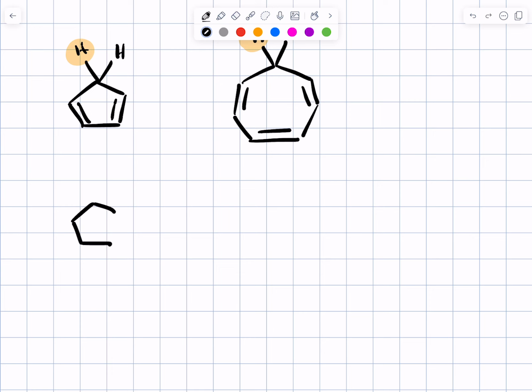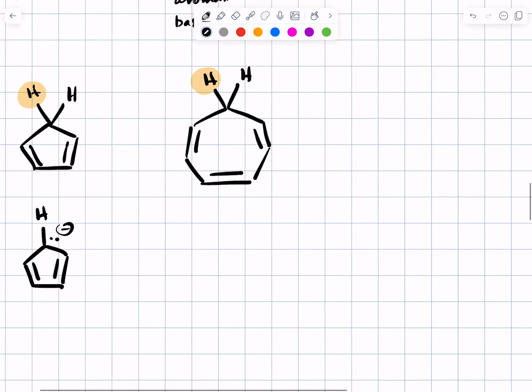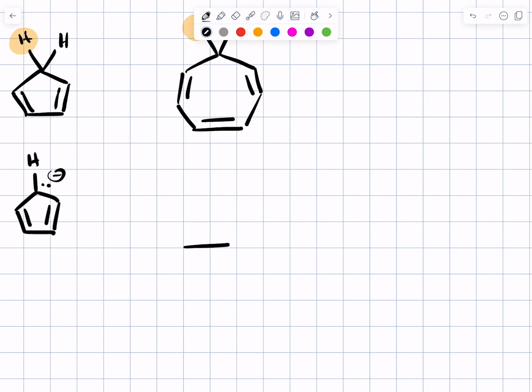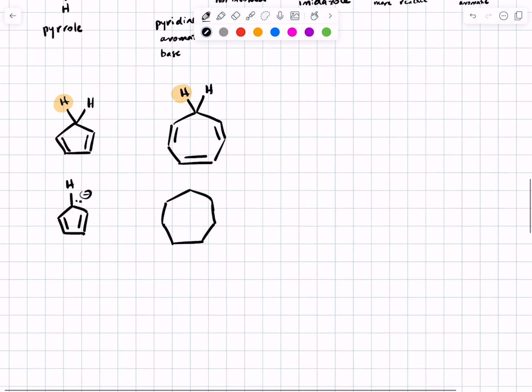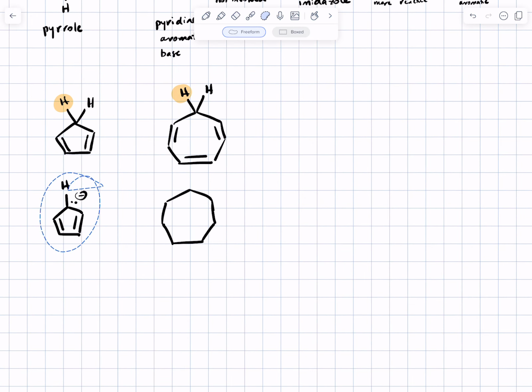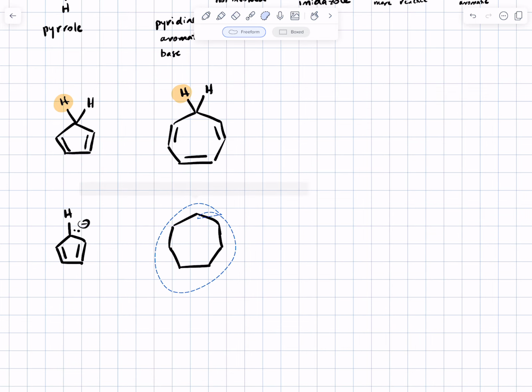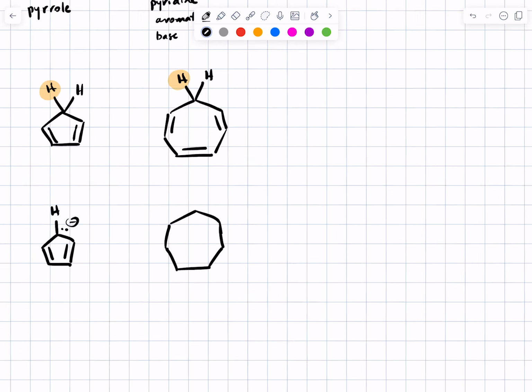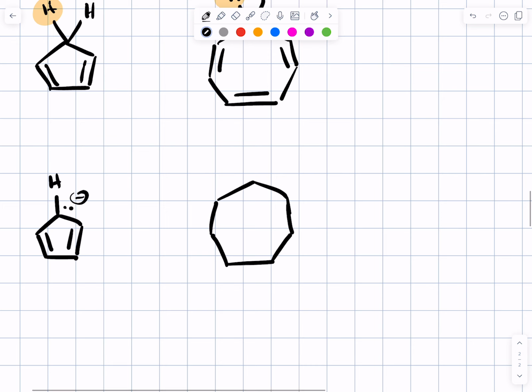So let's draw the conjugate base of these two hydrocarbons. Here's one. And here's the other. I think the one on the left looks sort of like an evil robot alien, whereas the one on the right looks just sort of sad.